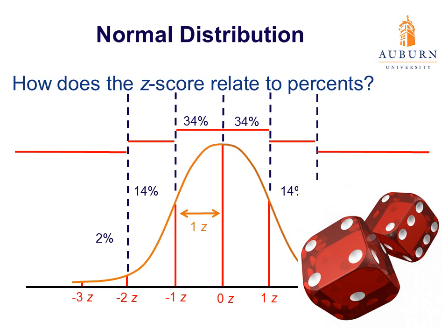In particular, I could say that there is a 68% chance that any one person will fall within that average or normal range. And again, I get that by adding the percents from -1z to 1z in that region we determine as normal or average. So 34% plus 34% tells me that any one person has a 68% chance of falling within that average range.